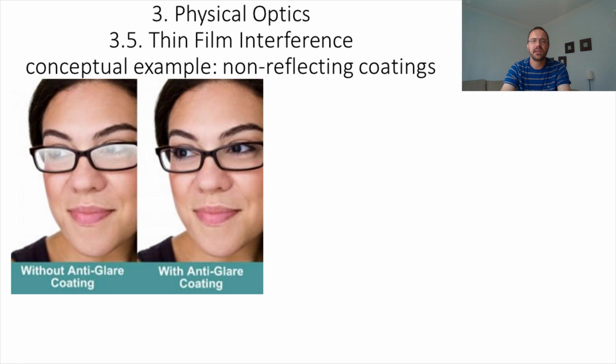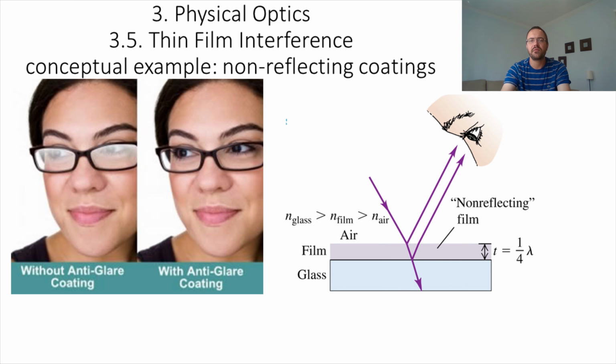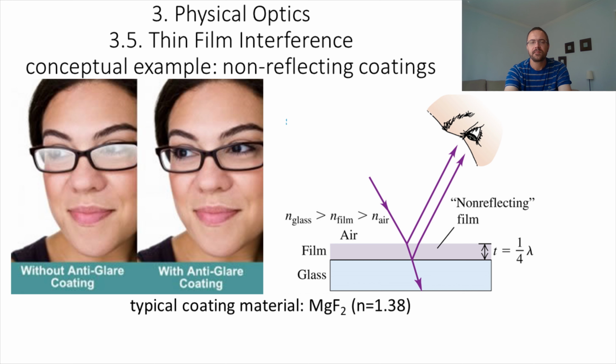An example of application is the anti-glare coating on glasses. So there is a thin film of a material with a refraction index that is intermediate between the index of glass and the index of air. A typical coating is magnesium difluoride, for example.